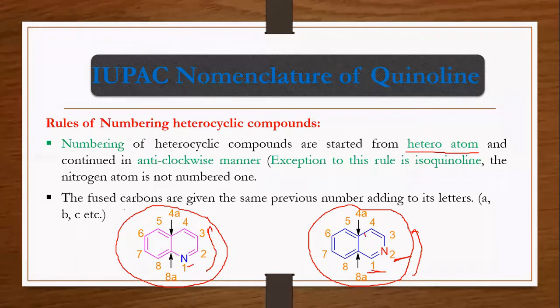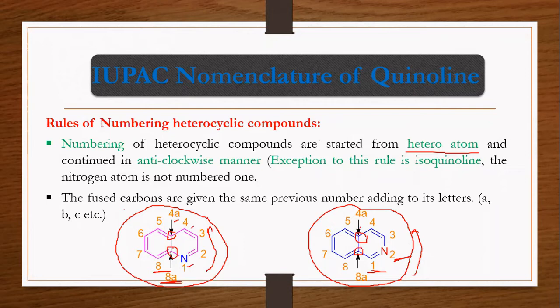Now, what about these fused carbons? These two rings are fused at these two carbon atoms. These fused carbons are given the same previous number with added letters A, B, C, etc. In this case, the previous number is 4, thus it is 4A, while in this case the previous number is 8, hence it is 8A.